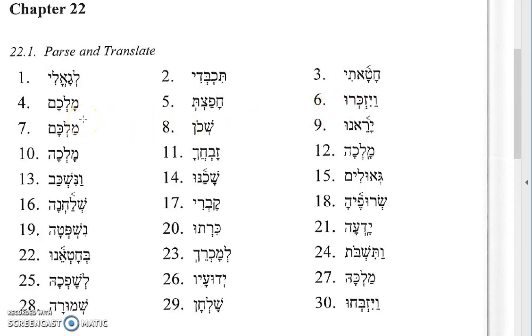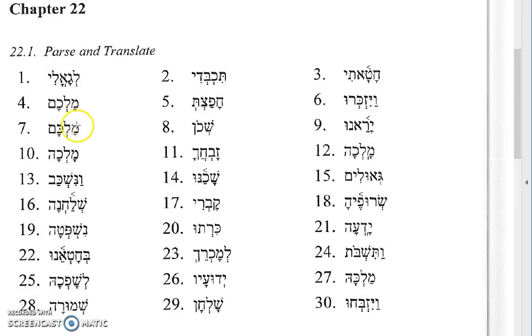And then you get molkam, where you have the infinitive construct of malak, to rule, and a suffix am, and it would mean ruling them, or it could be they are ruling.